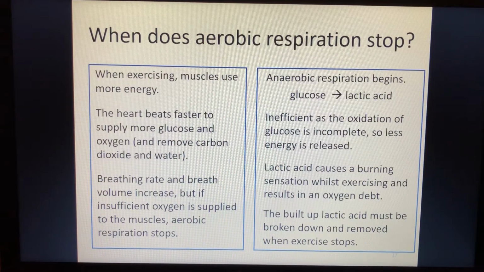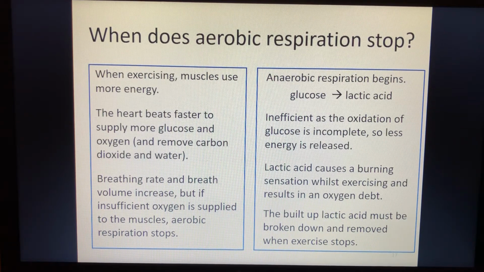Okay, so when does aerobic respiration stop? When we exercise, muscles use more energy. So the first thing our body tries to do to stay in aerobic respiration for as long as possible, because it's a lot more efficient, is increase the heart rate. The heart beats faster, transporting blood at a faster rate, moving the glucose and oxygen to the cells for a faster rate of respiration, and in turn removing the carbon dioxide and water.